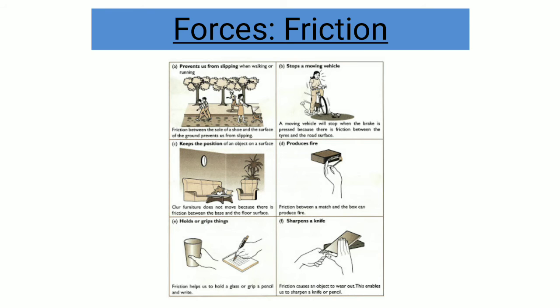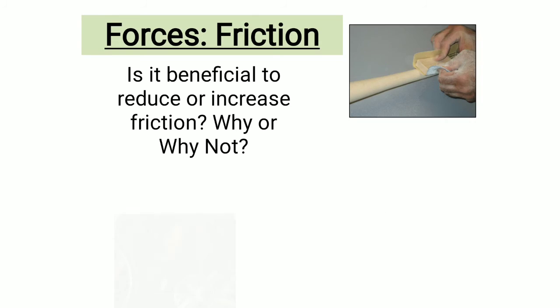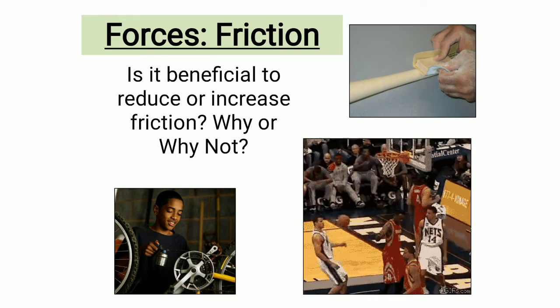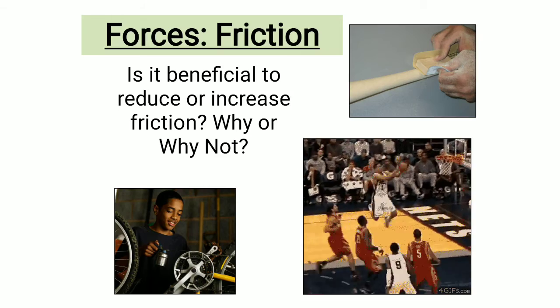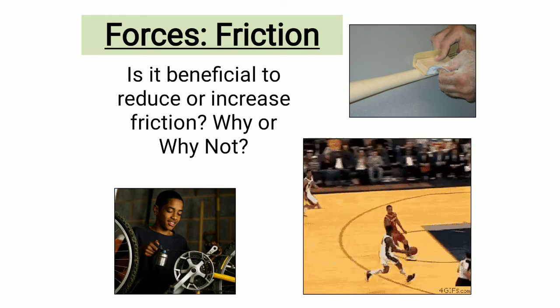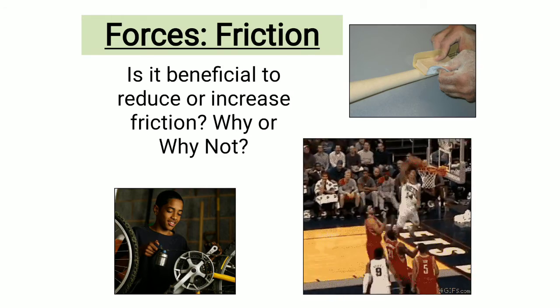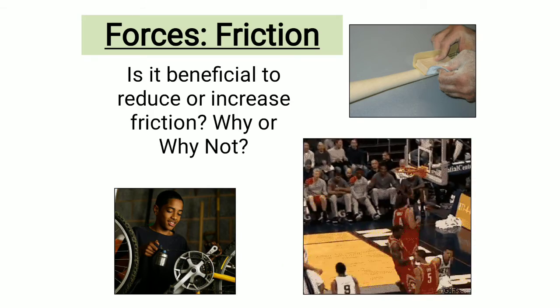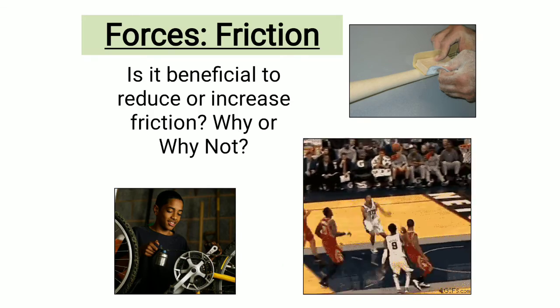Friction helps us in gripping things. Friction helps us in sharpening the knife. As you can see from this picture, whenever these basketball players are moving on this smooth surface, the friction prevents them from slipping on the ground. So that's why friction is necessary.